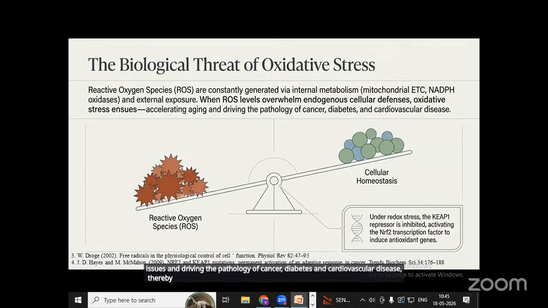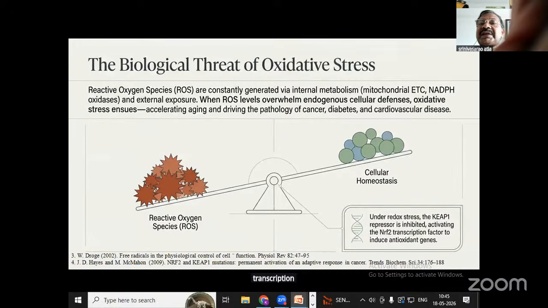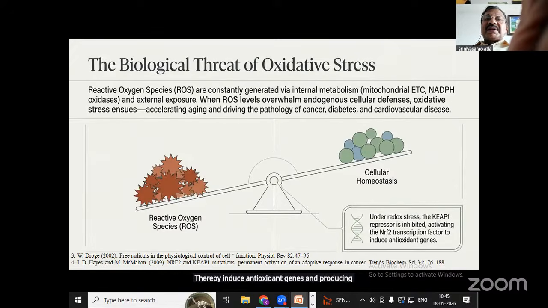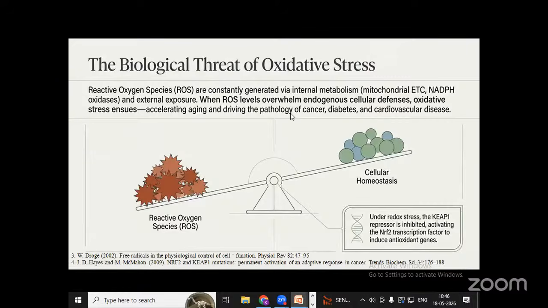Thereby, KEAP1 repression is inhibited, activating the NRF2 transcription factor, which induces antioxidant genes and produces the antioxidant activity. Next slide.